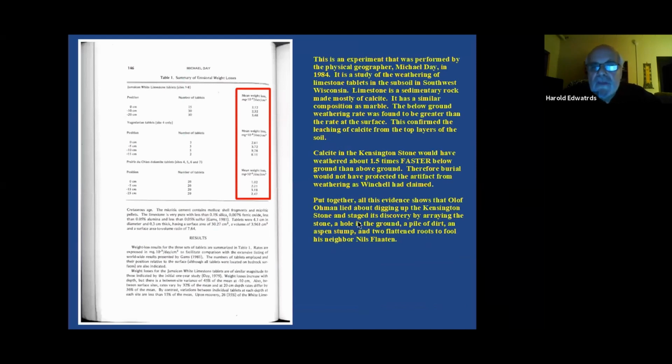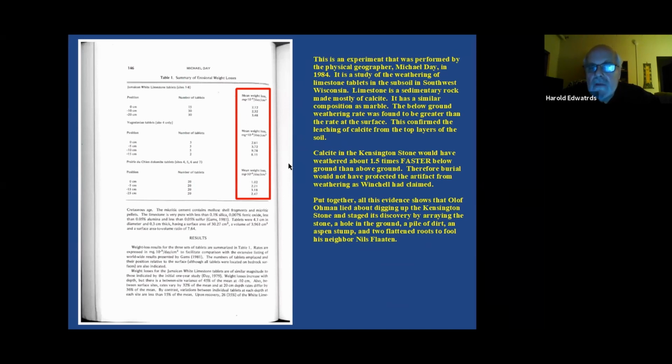There have also been some experiments that have looked at this. This is an experiment by Day in southwestern Wisconsin in 1984. Day took some limestone tablets, he left them at the surface and planted them at various depths below the surface. He came back a few years later and looked at the change in weight.